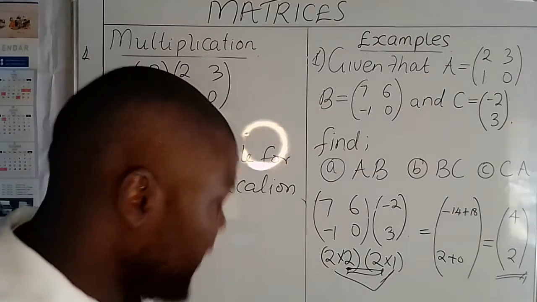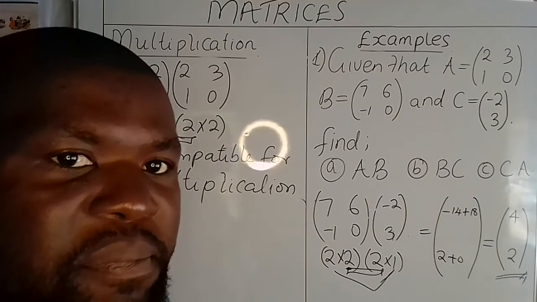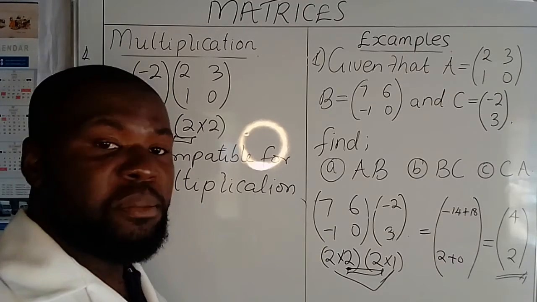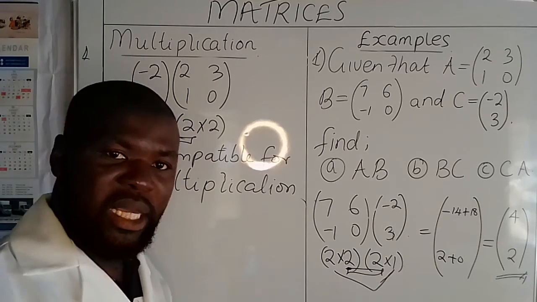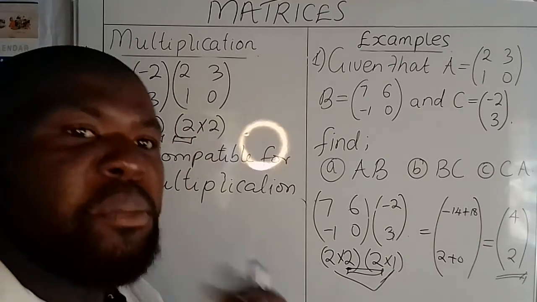So the two matrices C and A are not compatible for multiplication in the order CA. We can't multiply them.